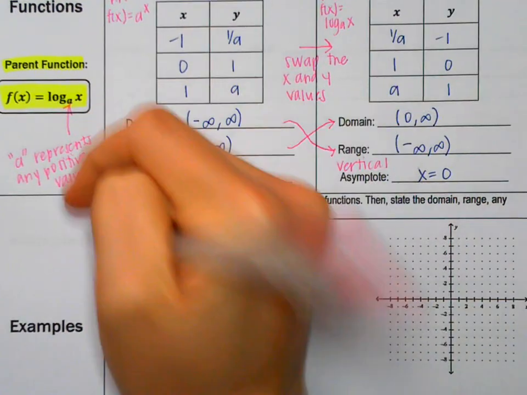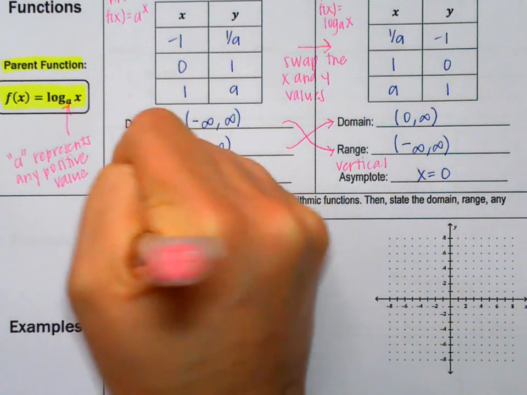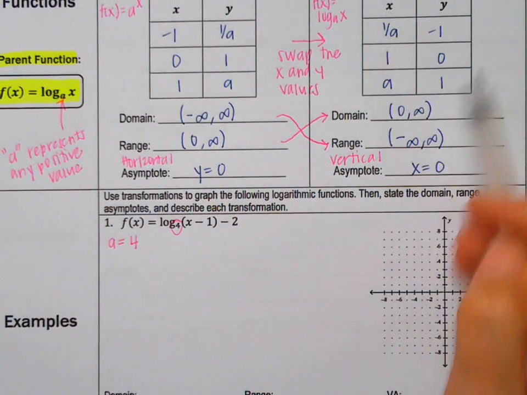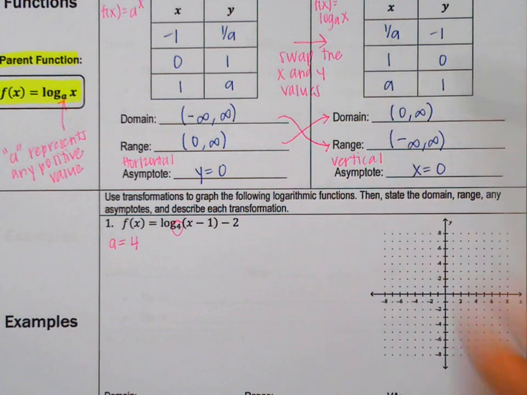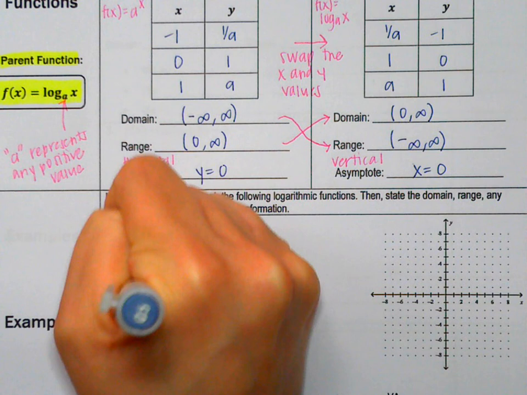I usually say what the parent function is, but sometimes it just helps to think, in this case, a is 4. So I'm going to apply that to this table up here. That's my starting point.